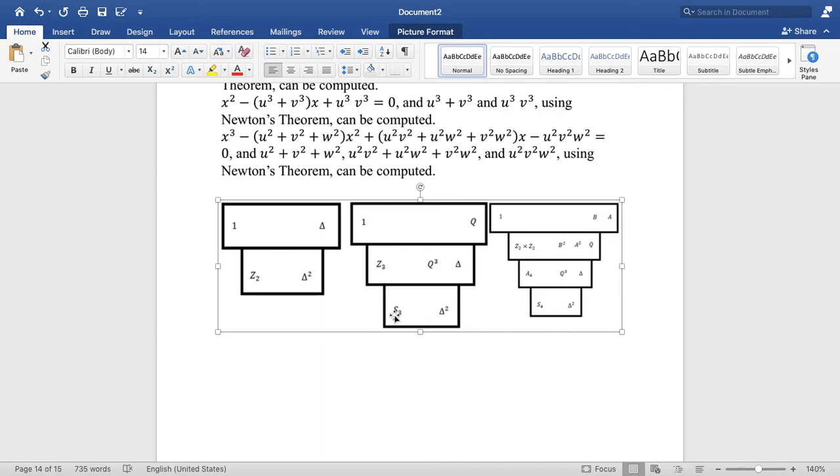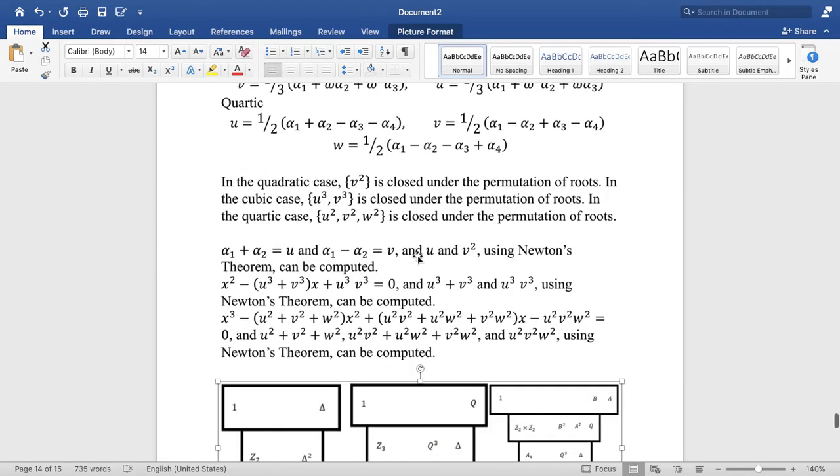Again, for the cubic, right over here live the coefficients, and what also lives with them is delta squared. Now, if you take the square root, the only thing that keeps the square root the same value is Z3. But also we have a cubic, so if you scroll up over here, you see this u cubed and v cubed.